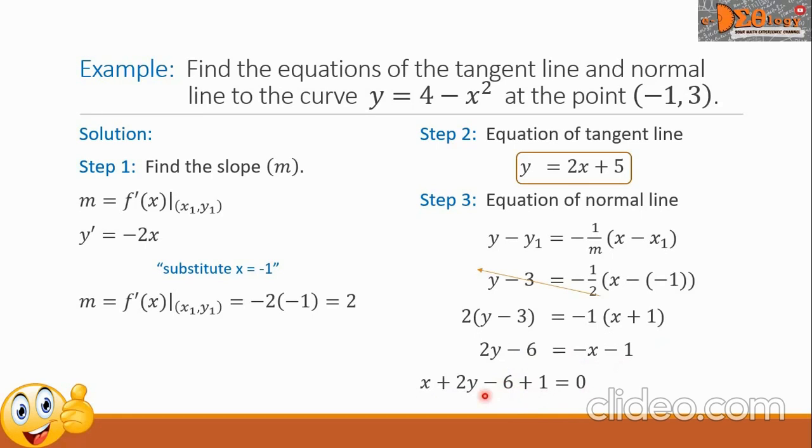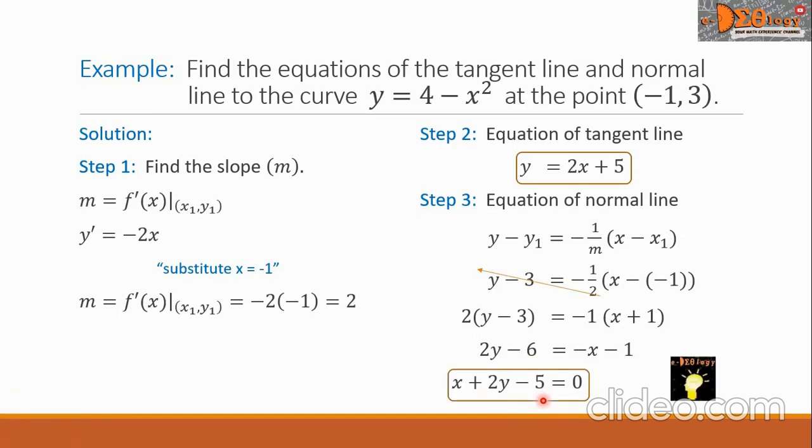Let us combine this negative 6 plus 1, so we have negative 5. So we have now our final answer for the equation of the normal line: x plus 2y minus 5 equals 0. These are the answers for the tangent line and the normal line.